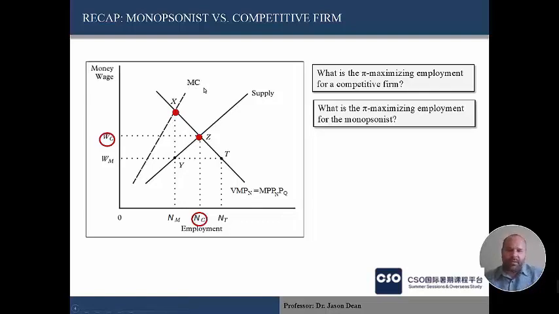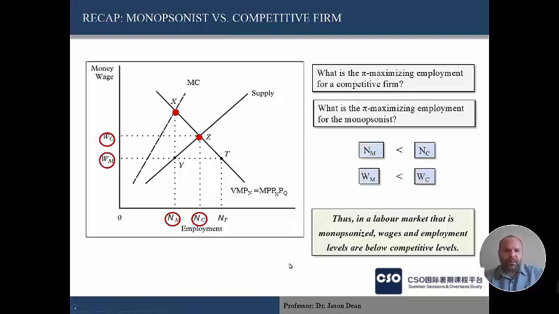If they hire any more, they would be losing money. And so their employment is going to be lower, and the wage they're going to pay is going to be lower as well. Remember, they have market power. So wages and employment will be below competitive levels in the case of a monopsonist.